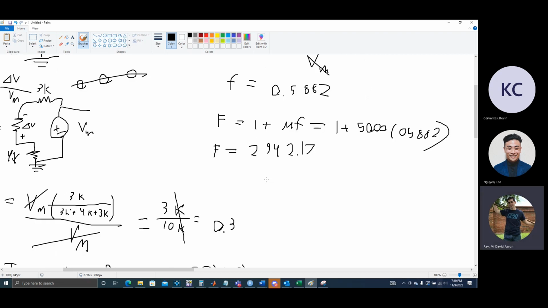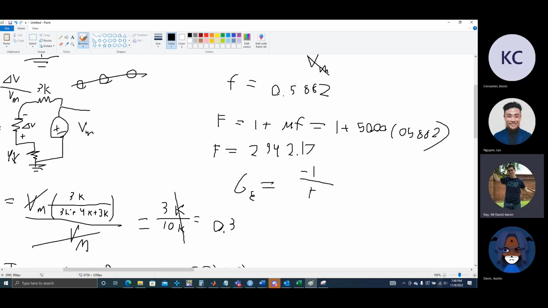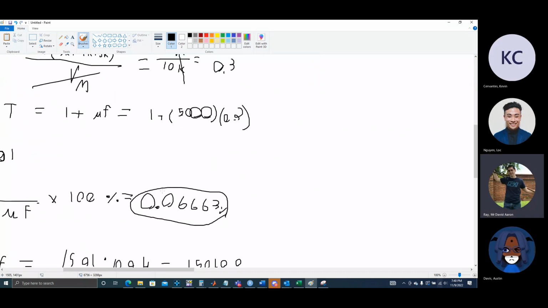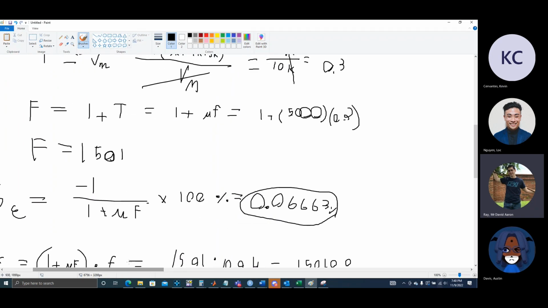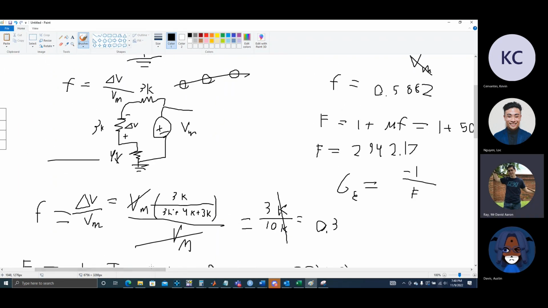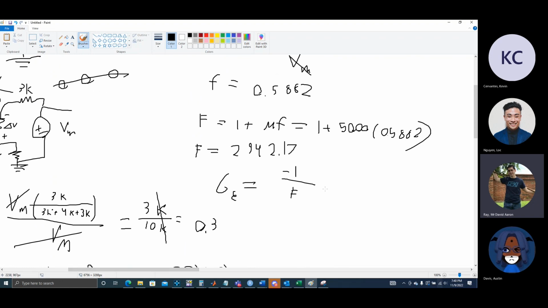2942.17. And so then from our G error, or our gain error, it's going to be -1 over F, just like the previous equation. It was the 1 plus mu F, and so I'm just simplifying it down to F equals 1 plus mu F. So we can just change it, and then from there, we can multiply it times 100%. So now we have it in percentage form.